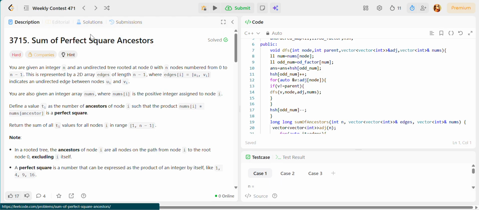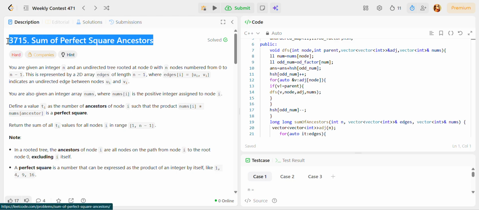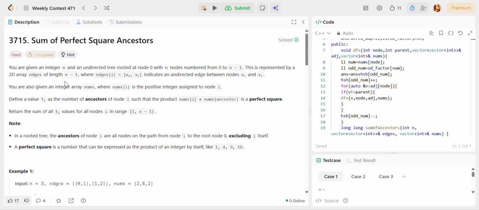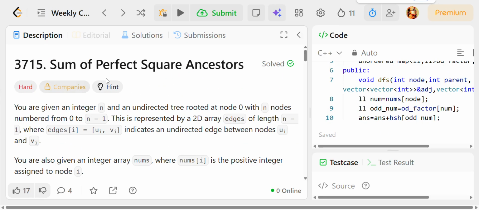Now the fourth problem is a little bit hard, but I'll make it easy for you. Let me explain the problem first. We are given an integer n and an undirected tree rooted at node 0 with n nodes numbered from 0 to n minus 1.